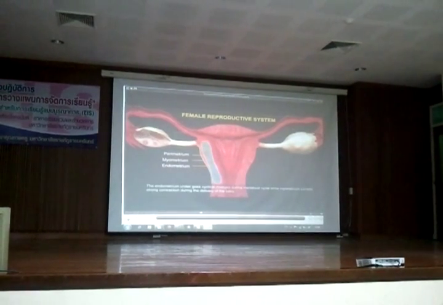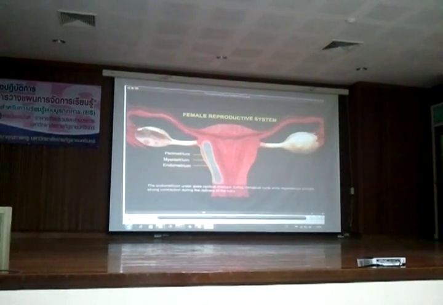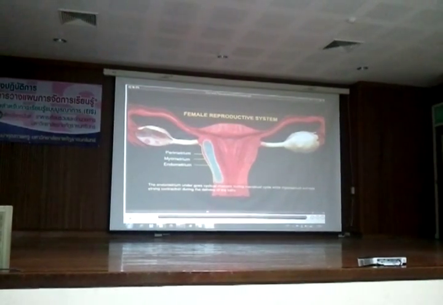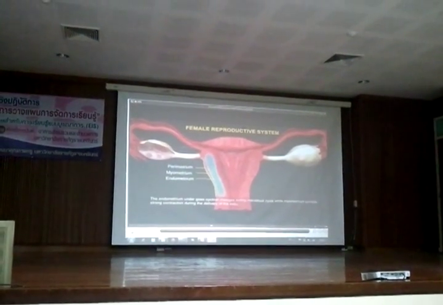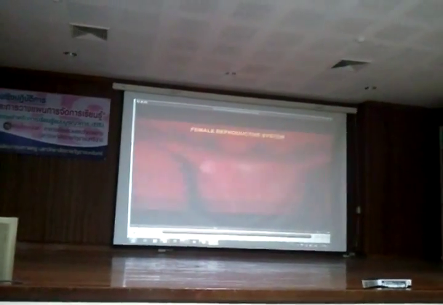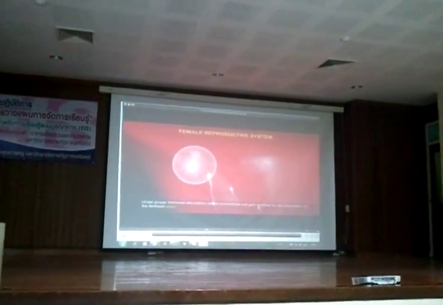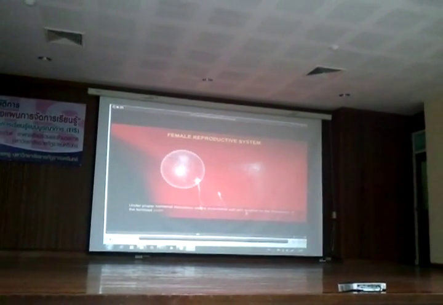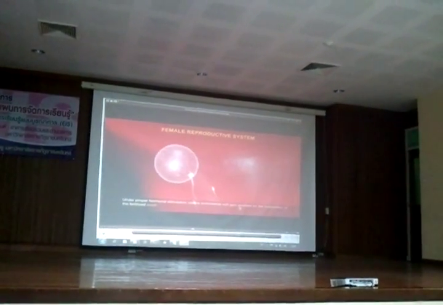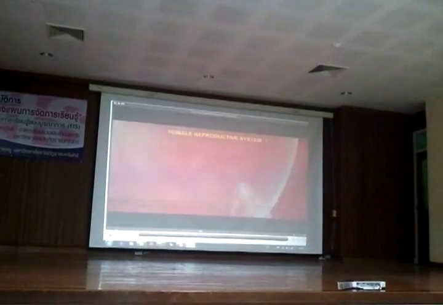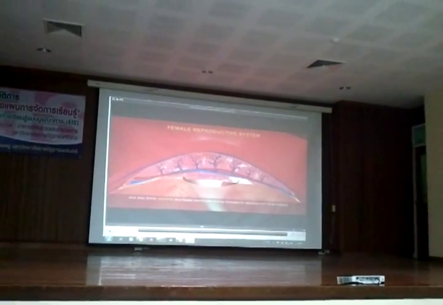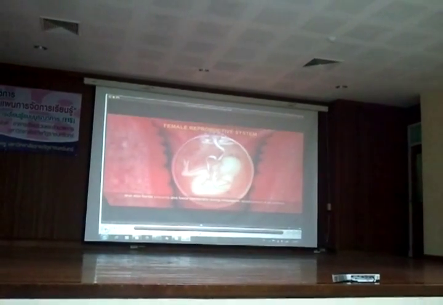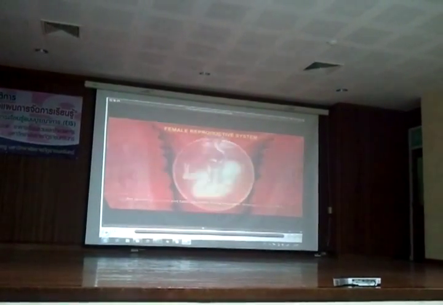The endometrium undergoes cyclical changes during menstrual cycle, while myometrium exhibits strong contraction during the delivery of the baby. Under proper hormonal stimulation, uterine endometrial wall gets modified for the implantation of the fertilized ovum and also form placenta and fetal membrane during intrauterine development of an embryo.